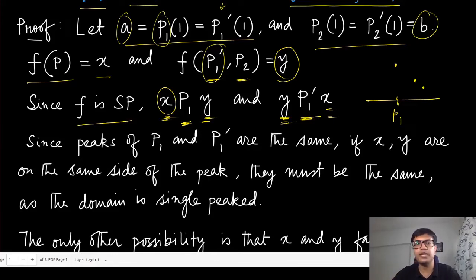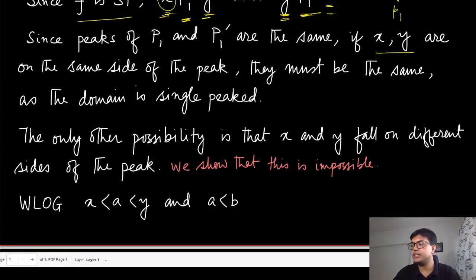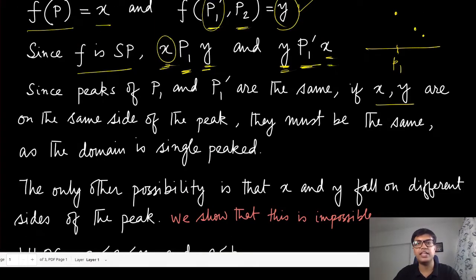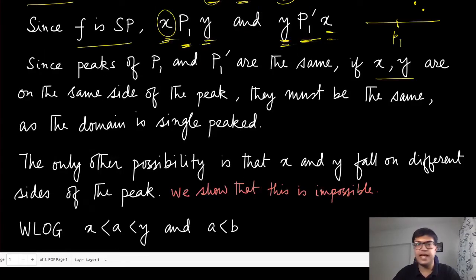There cannot be any indifferences here, so if they are on the same side, they must be the same. So we already get the result. The only possibility is when X and Y are on different sides. But now we are going to show that it is impossible under this setting to have X and Y on two different sides. And why is that?